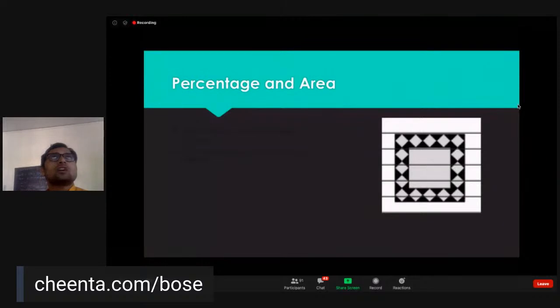We know how to calculate the area of a square, a rectangle, all those things. What we would like to know is how to use simple intuition to find out the area, and find out an area in reference to another area.